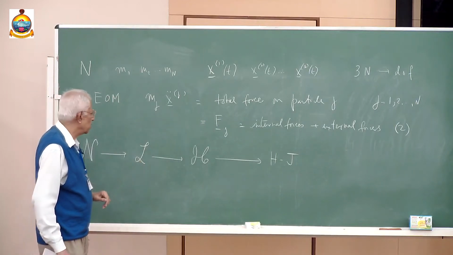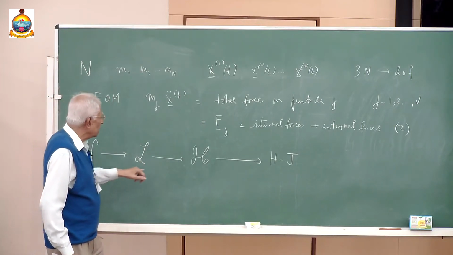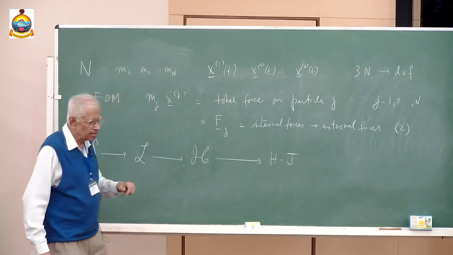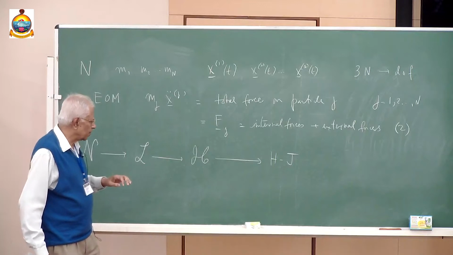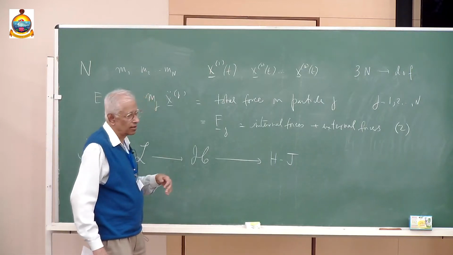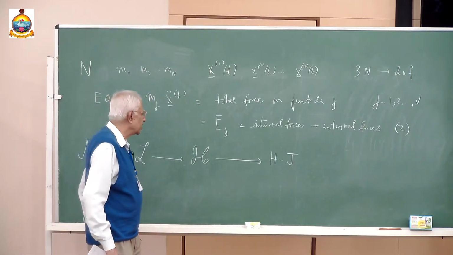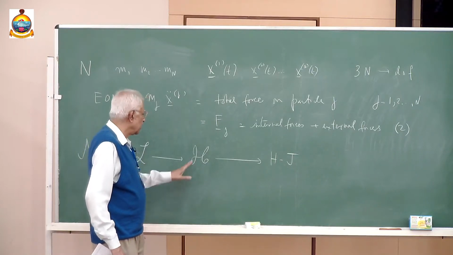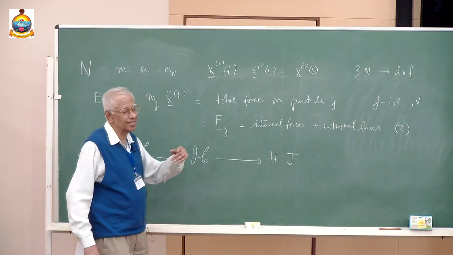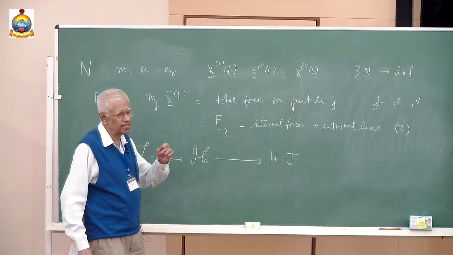I'll come to it in a few minutes. The Hamiltonian description brings in the idea of phase space, and some mathematicians who are very good friends of mine have told me they appreciate the mathematics much better. This was one of Hamilton's greatest discoveries, the idea of phase space.